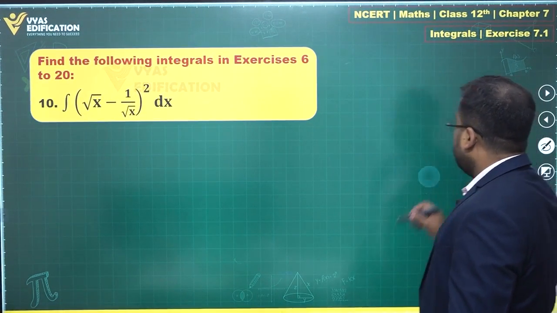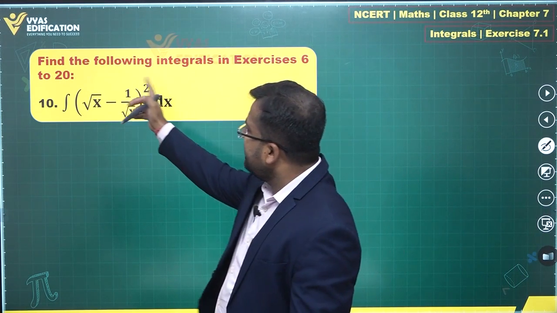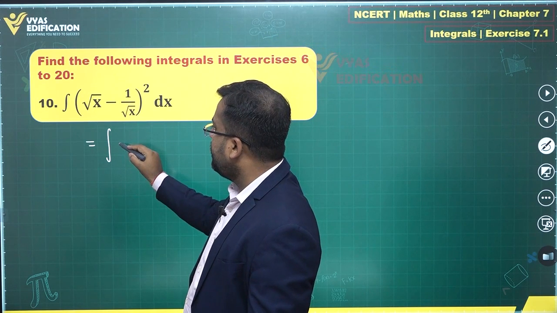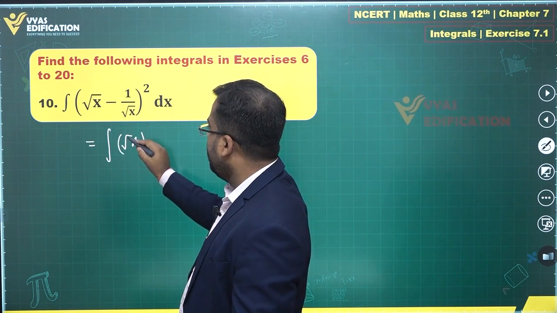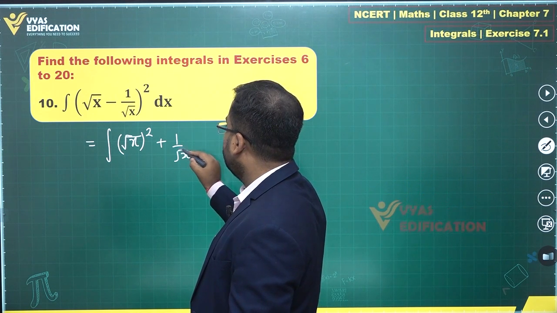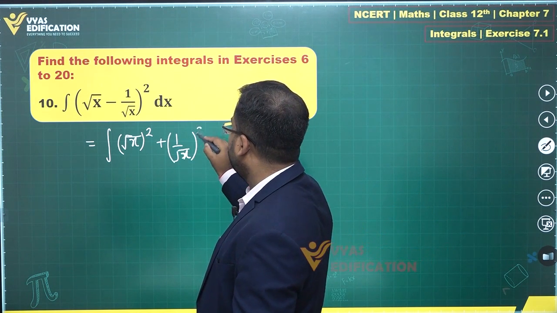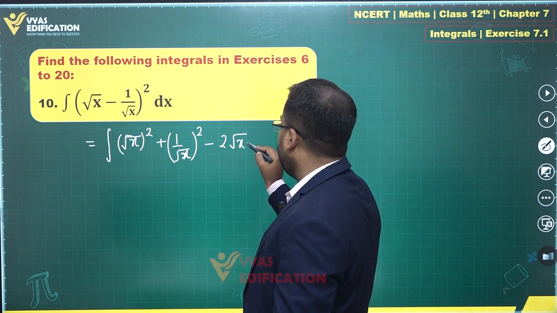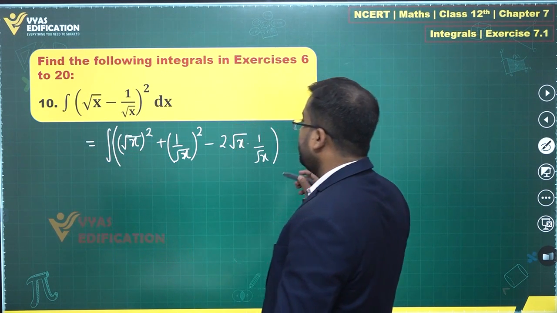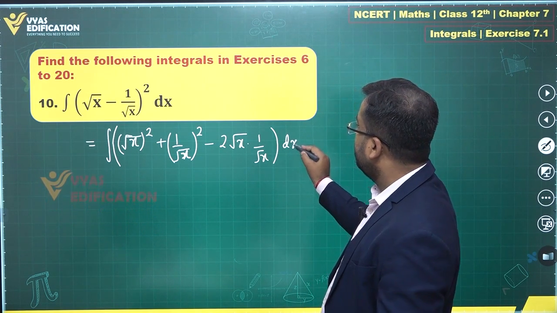For handling this one, I can simplify this expression inside the integral. This is a minus b whole square, that will be equal to a squared plus b squared minus 2ab. This is what you'll have, right? dx.